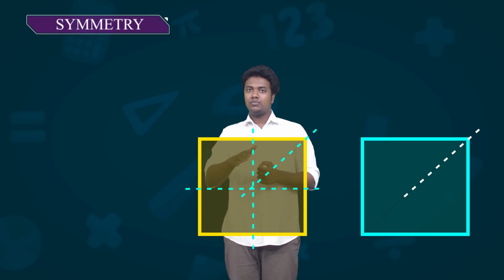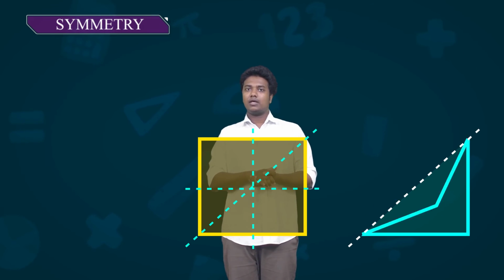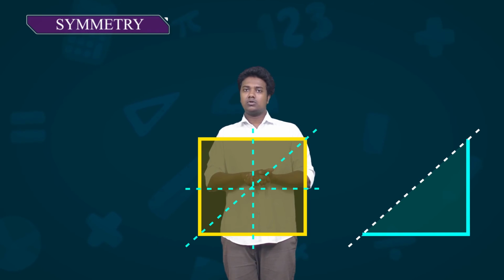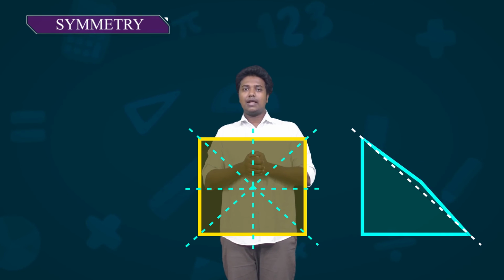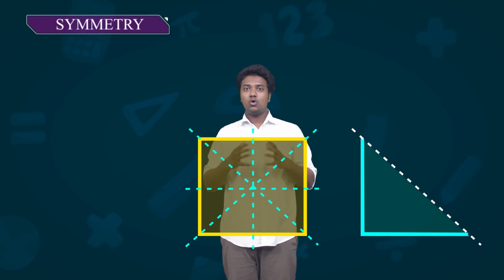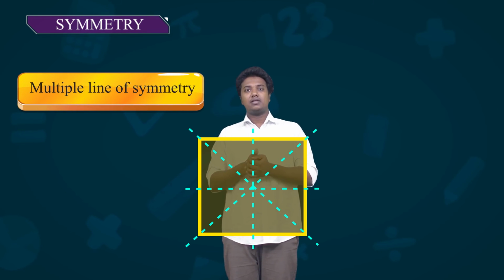Here, if you observe a diagonal, the two halves of the square overlap. The diagonal line is also a line of symmetry. If you draw the other diagonal, that is also a line of symmetry. So there are so many lines, right? There are multiple lines, so it is said to have multiple lines of symmetry.